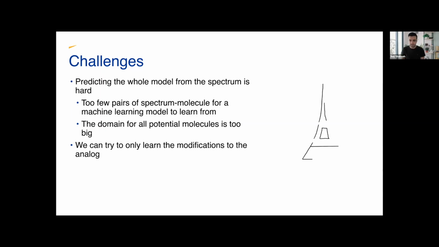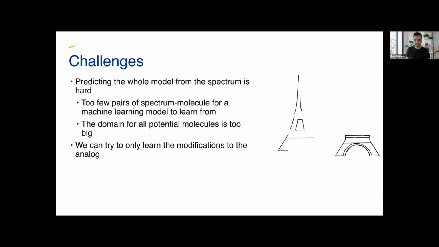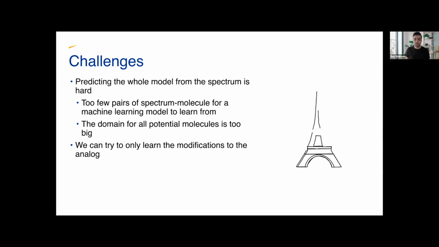So for example, if I give you this painting and ask you what it is, you might have some guesses, but you cannot be sure. But if I provide you with this base as well, and I tell you, this is a painting, but this part we know for sure exists in the final result. And then you put this together, now it is a much easier problem to solve, right?